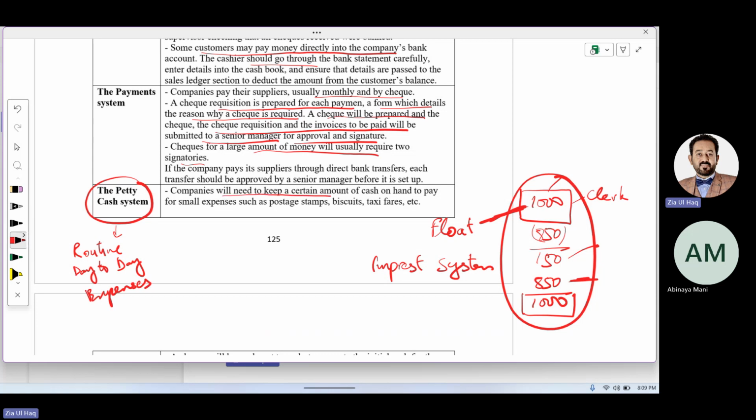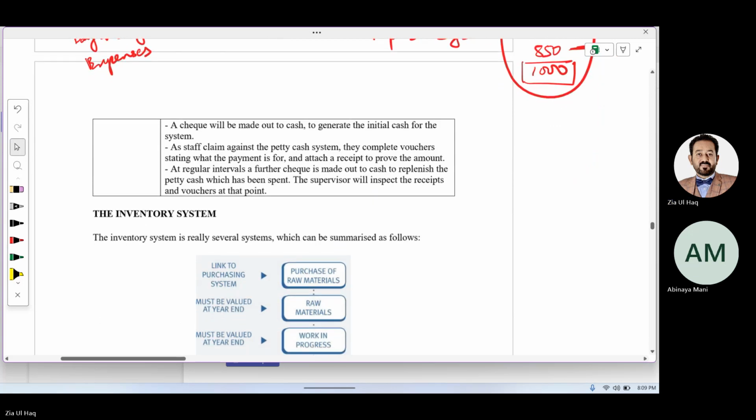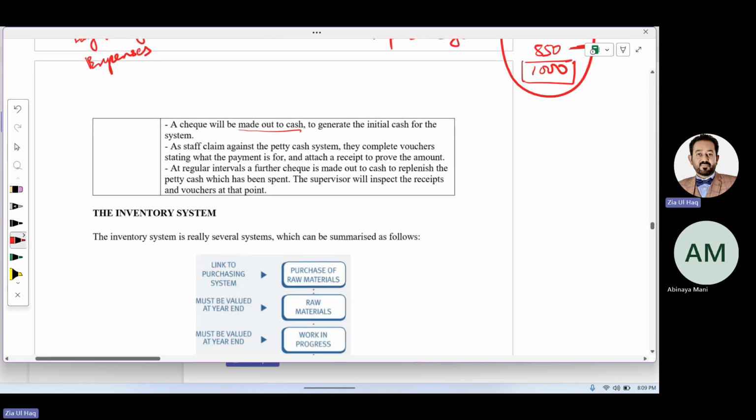So what is the petty cash system? Companies need to keep a certain amount of cash on hand to pay for small expenses such as postage, biscuits, taxi fares, etc. A check will be made out for cash at the start of every month to generate the initial cash for the system, the float. As staff claim against the petty cash system, they complete vouchers stating what a payment is for and attach a receipt to prove the amount.